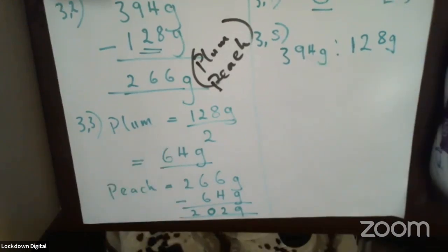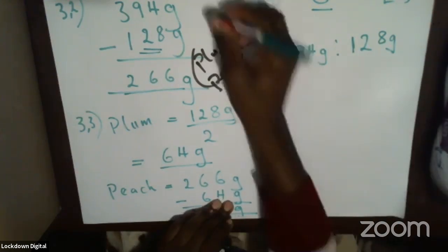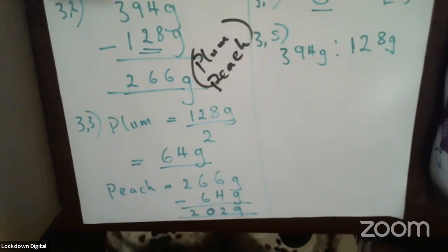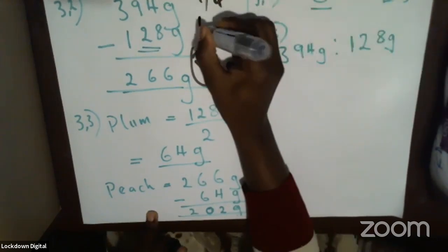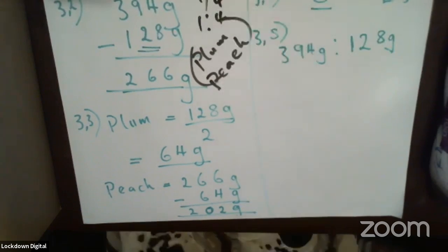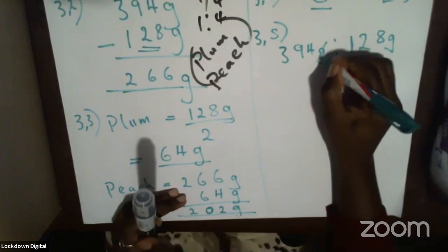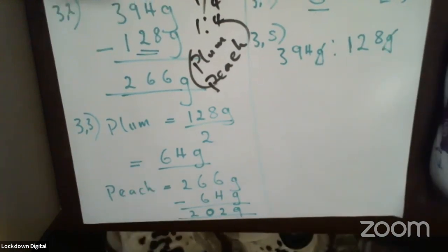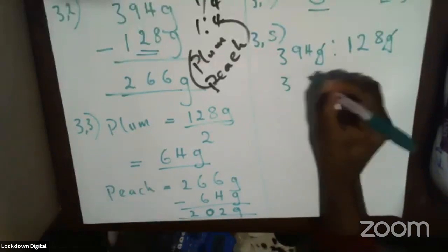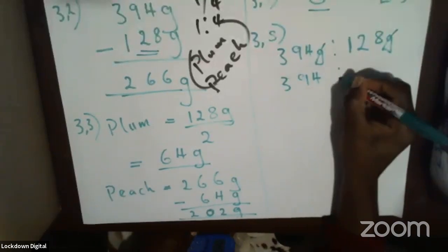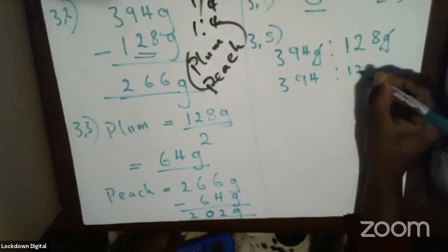A ratio is just a way of representing a fraction. If we write, for example, 1 to 4, it's just the same as 1/4. So this is just a way of representing numbers. So we can get rid of the units since it is a ratio, and it simplifies to 394 to 128.